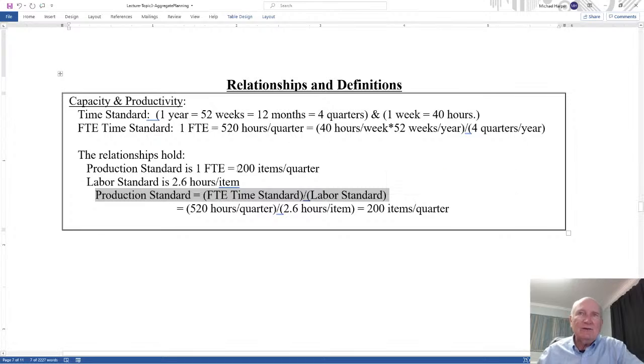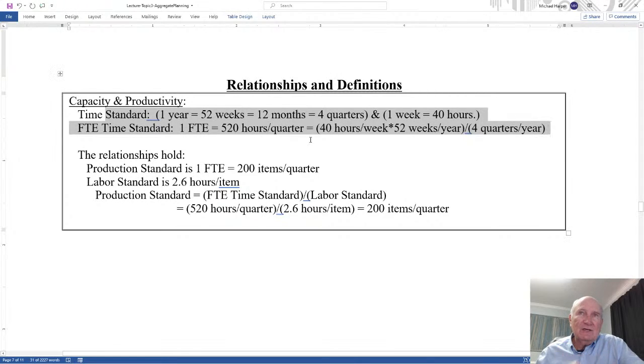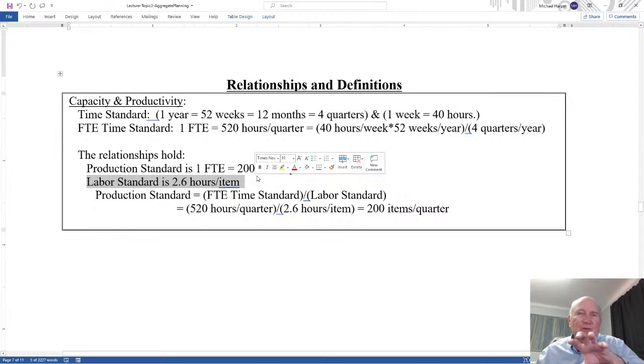And so the idea here is, why do you do that? Good question. Well, this is pretty much fixed. That doesn't change. But the labor standard is looking at individual workers. How efficient is that job? If they can have training, then those hours per item will decrease.